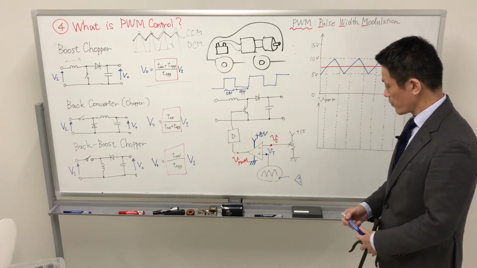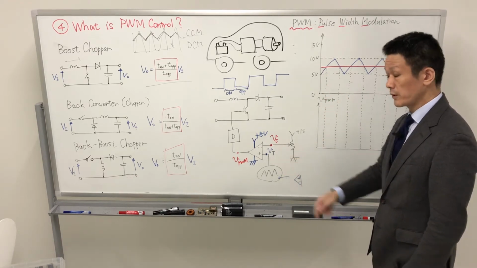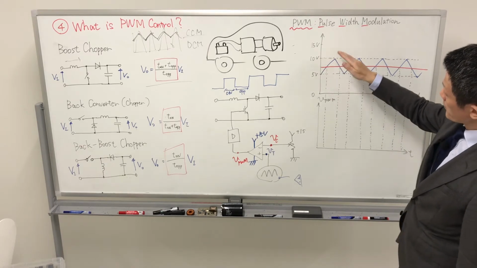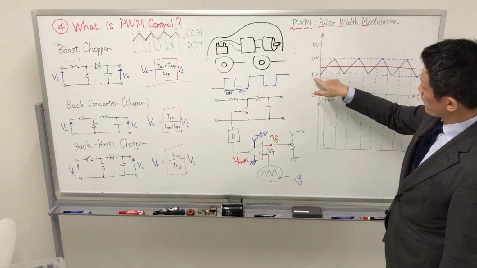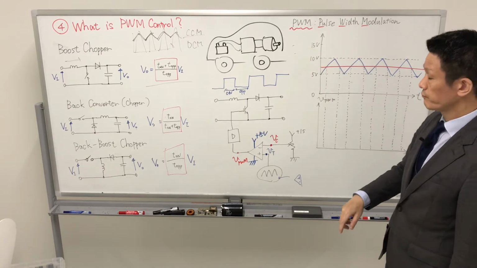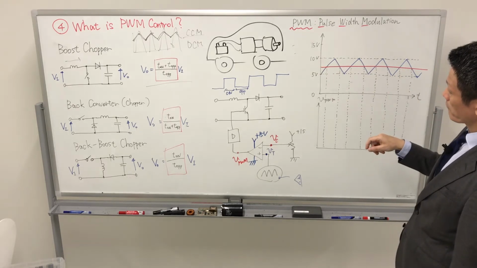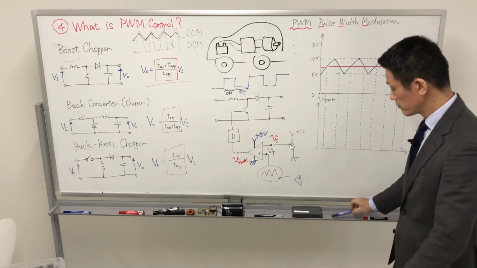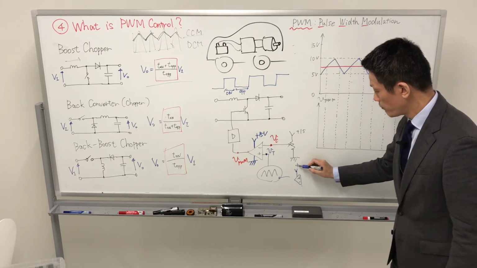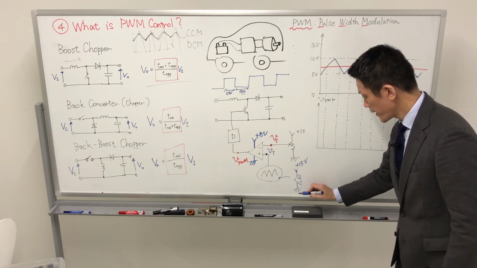In this circuit the output voltage is required to oscillate between 5 volts and 10 volts, like this, because of the comparator's voltage on the ground side.